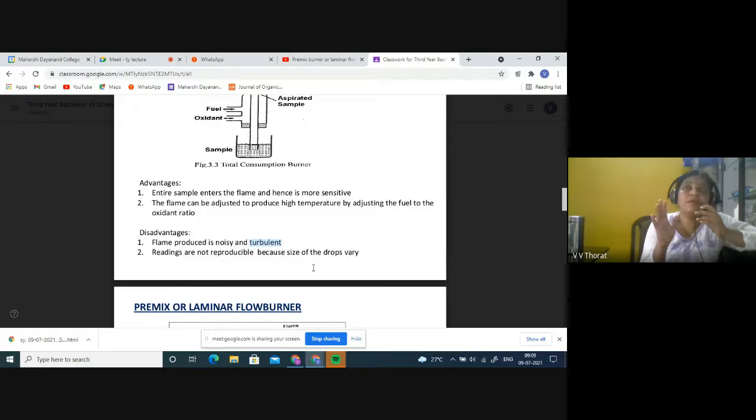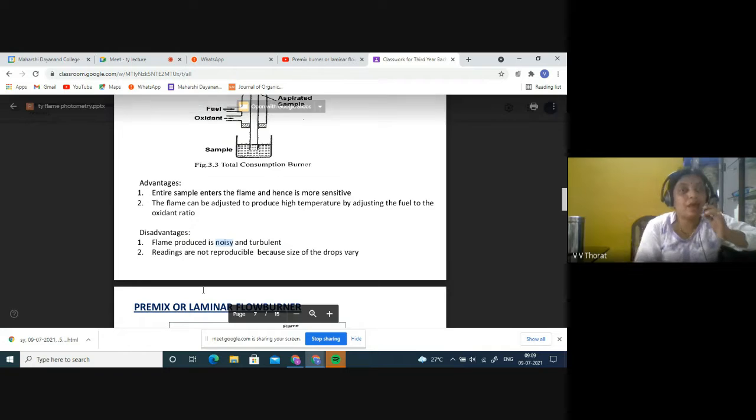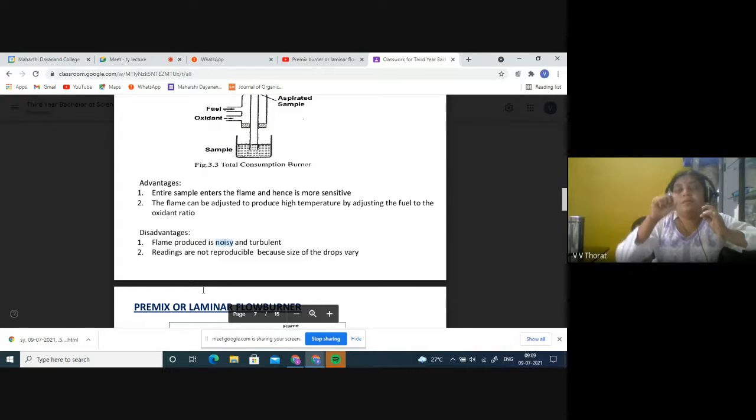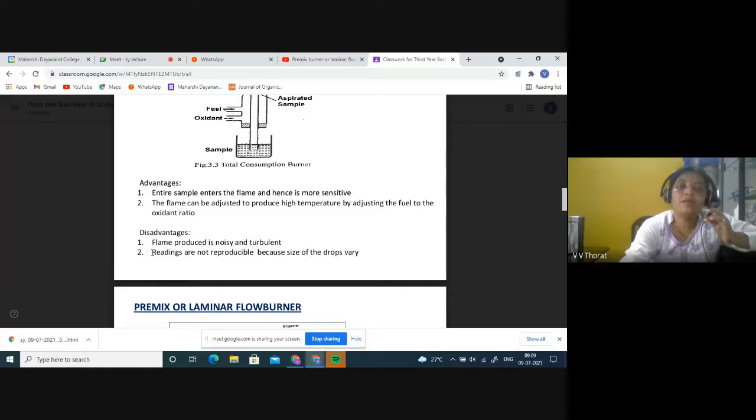Turbulent means fog type, not clear. So here the signal is noisy. Noisy does not mean it makes sound. It is showing peaks. I'll show that later on. Noisy and turbulent. And the readings are not reproducible because the drop size varies.